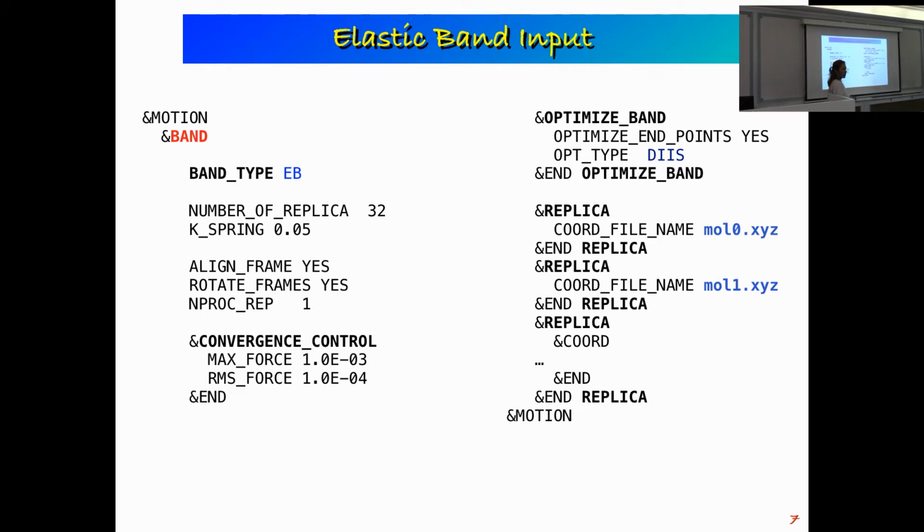This type of simulation is easy to parallelize. So if you have many processors, you can assign a bunch of processors to the different replicas. So this is really linearly scaling, and then you can say how many processors you want for each replica.